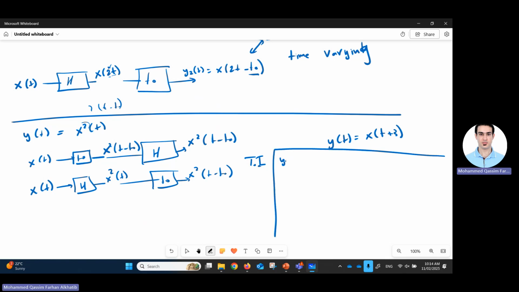So I have y of t equal x of t plus 3. Now I have my signal x of t. Then I have the delay by t naught, and my transformation is to add 3.